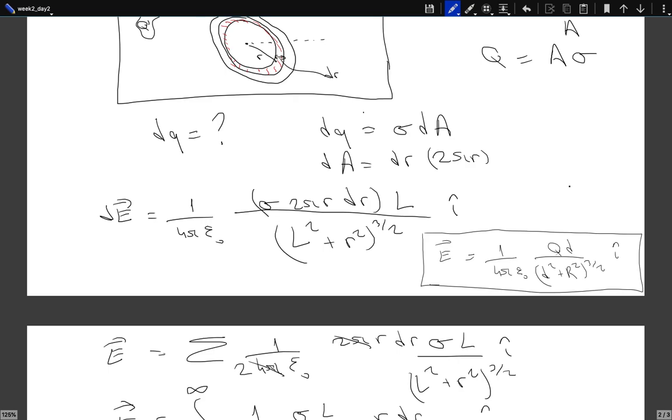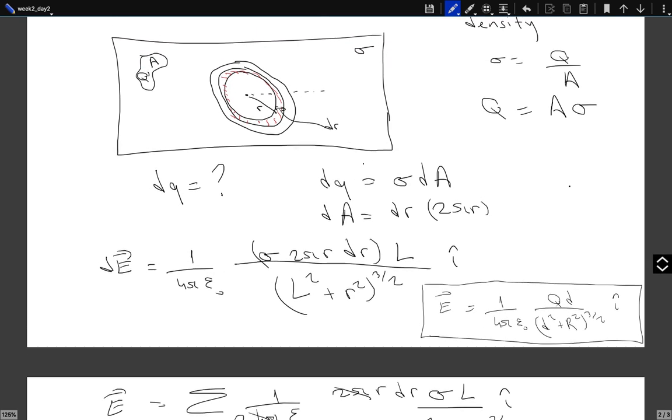Okay, that was the expression for the ring. And I just used this relation. Well, 1 over 4 pi epsilon 0 is just the same. Here, keep in mind this capital Q is the charge of the ring.